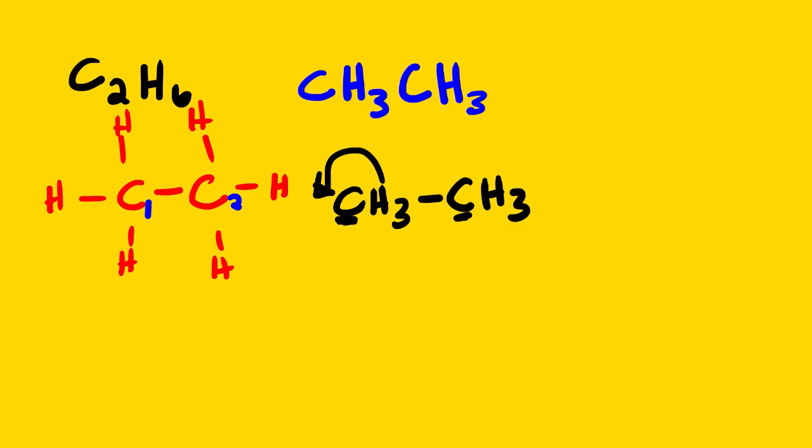Now, another structure that you should be familiar with is the skeletal structure. The skeletal structure, in this case, will simply be a single line. You should know that each and every end of this line represents carbon. And you know that carbon is a tetravalent atom, meaning that it bonds 4 times.